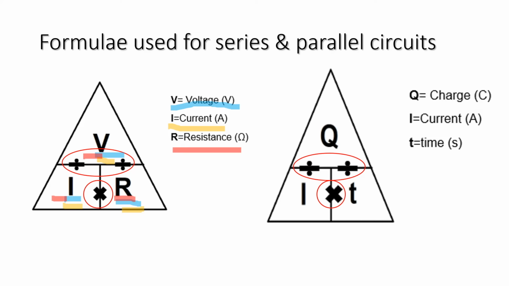So if we want to calculate charge, Q is equal to I times T. Current is I is equal to Q divided by T. And if we were asked to calculate time, T is equal to Q divided by I.